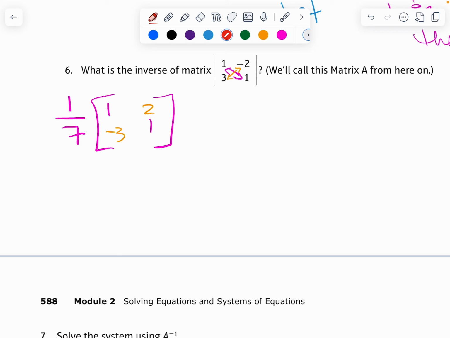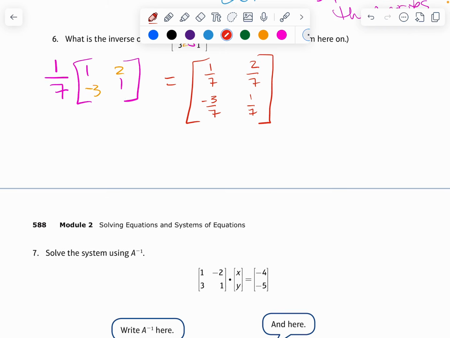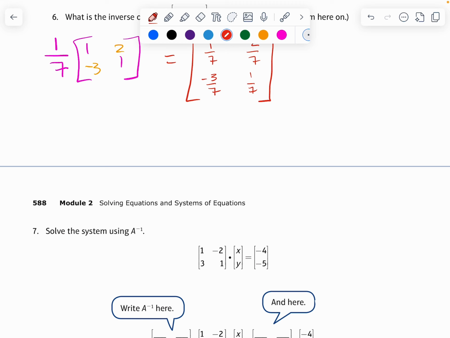Because this is scalar multiplication, I would get 1/7, 2/7, -3/7, and 1/7.